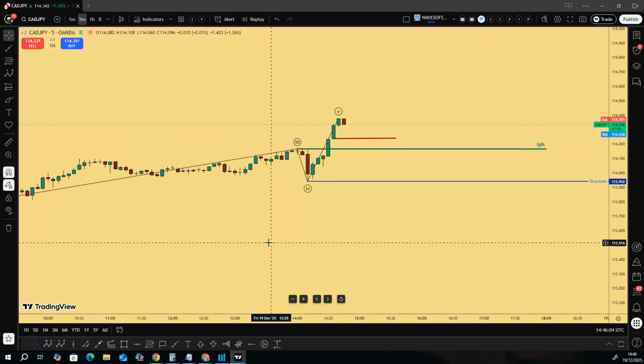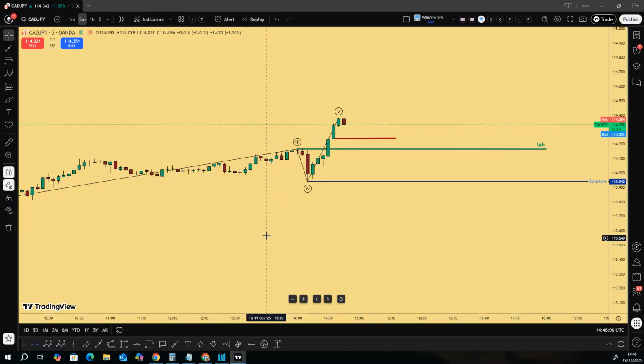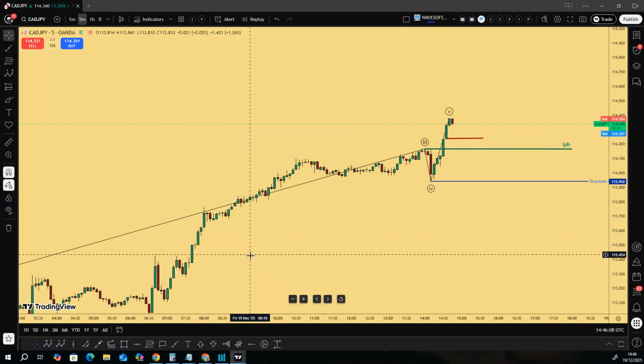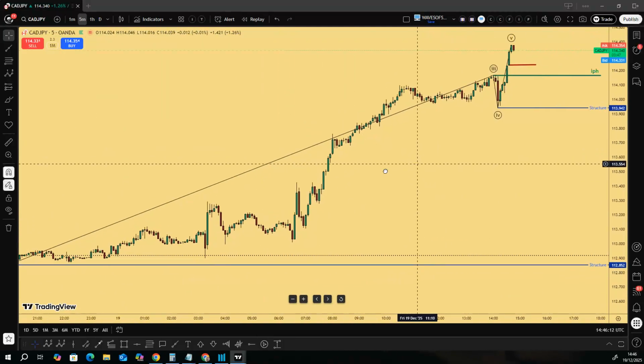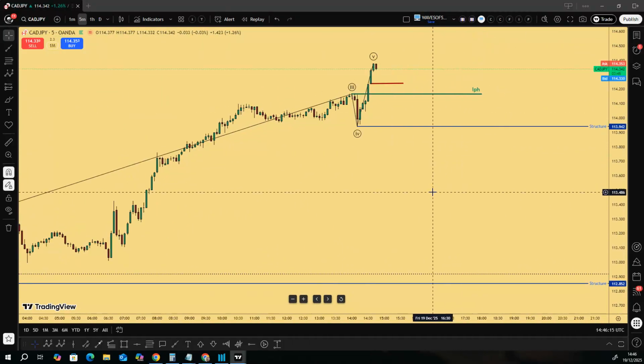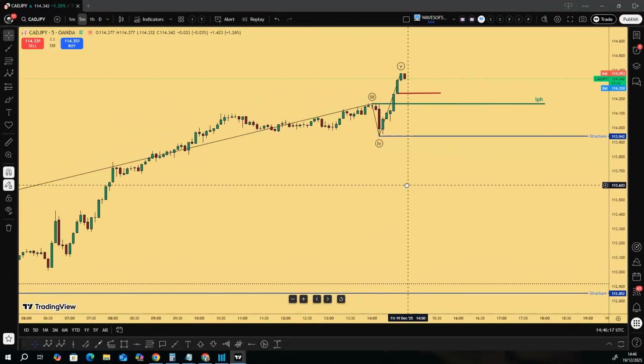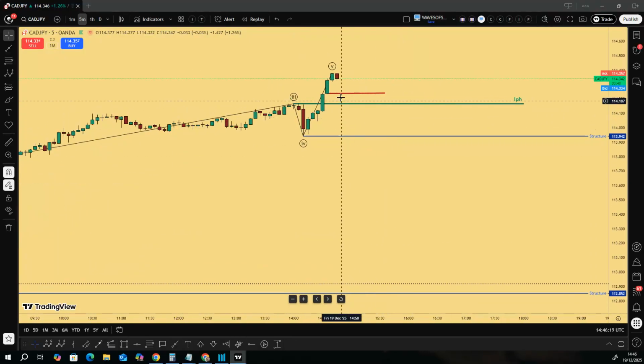A reversal does not mean the trend has changed, and also you can see the stronger the wave structure, the stronger the reversal is going to be. So, let's see if we have an entry first.